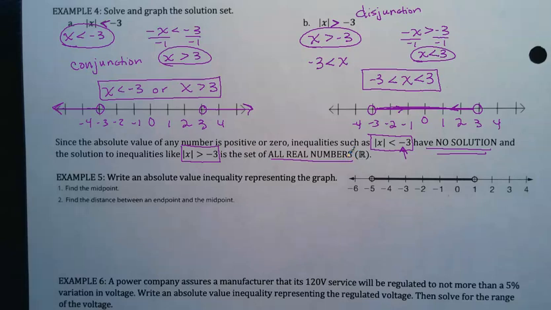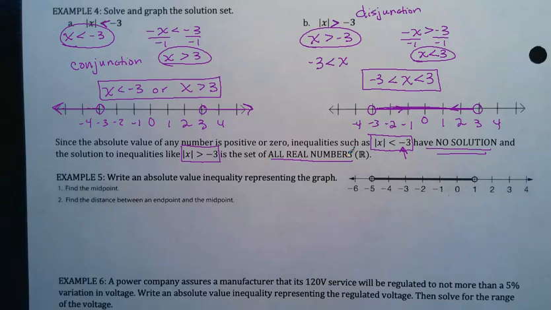Okay, so let's look at example 5. It says write an absolute value inequality representing the graph. All right, so the first thing we need to do is to find the midpoint. Okay, and then the second thing, we're going to find the distance between an endpoint and the midpoint.